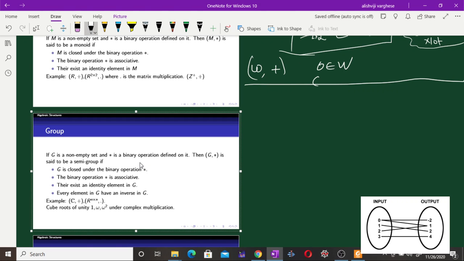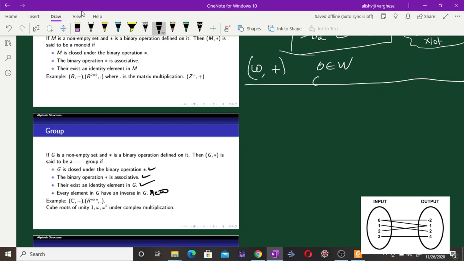And now the next stage of development is the concept of group. A non-empty set G together with a binary operation star is said to be a group. It's not semigroup, it is group. It is a group if G is closed under the binary operation, with the same axioms seen for monoids: the binary operation star is associative, there exists an identity element in G, and every element of G has an inverse in G. That's the new one.